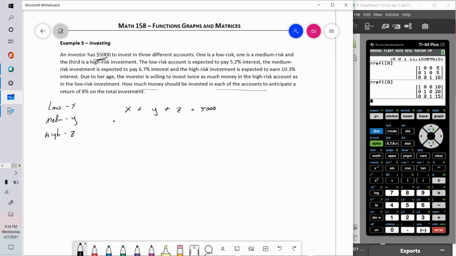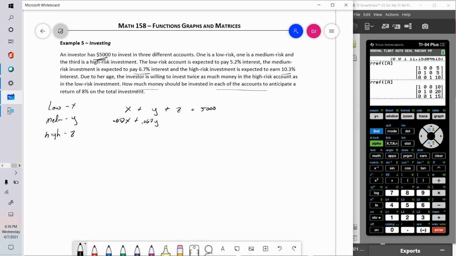I'm expecting to earn 5.2% interest on my low risk account. So 0.052 times the number of dollars invested. I'm expecting to earn 6.7% interest on the medium risk. So I'm going to multiply my Y dollars by 0.067.